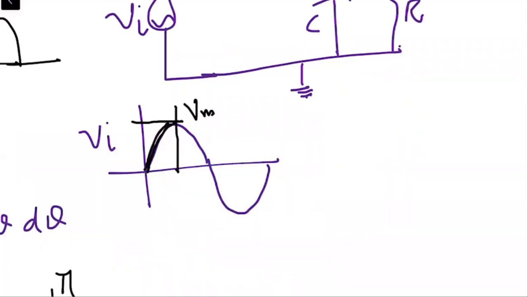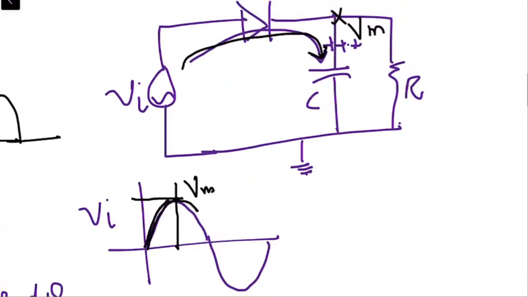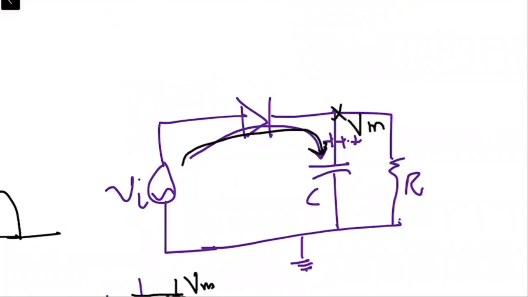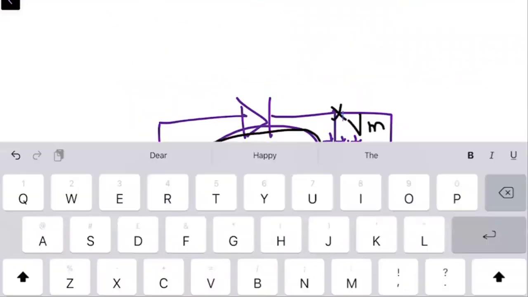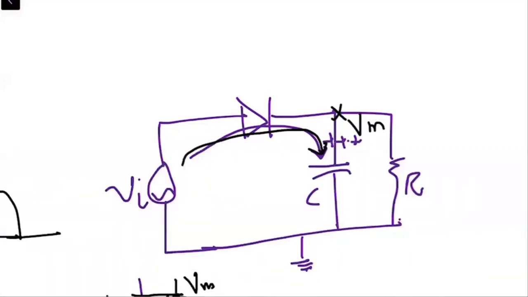So once it reduces from its maximum value, this side of the diode is now at a value equal to Vm, but the other side of the diode, which is the P side, is now at less than Vm.